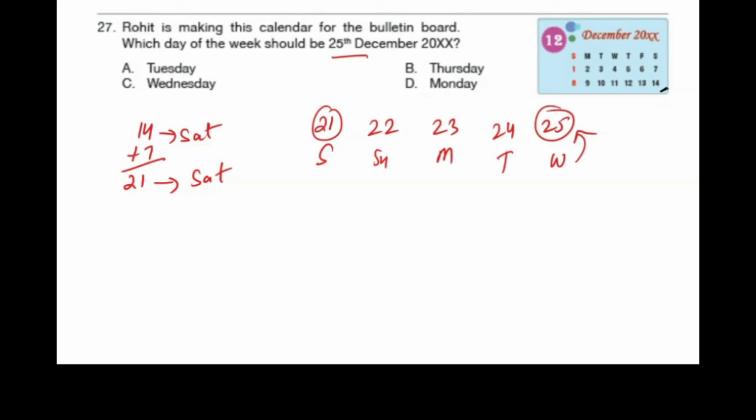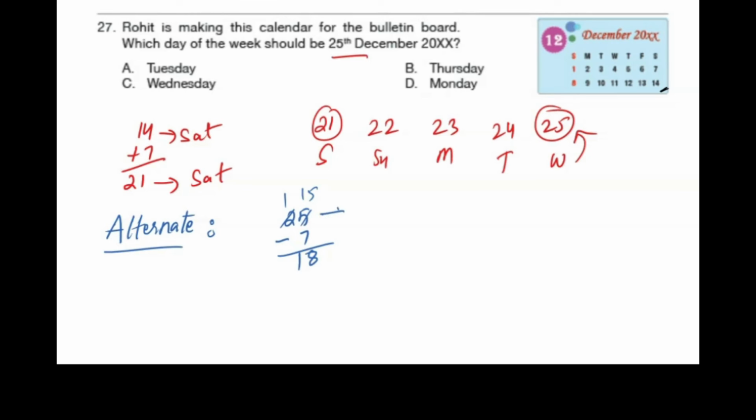We have an alternate method. I'm showing you the next method you can use. Alternate: 25th December. If you subtract 7, you will get 18.